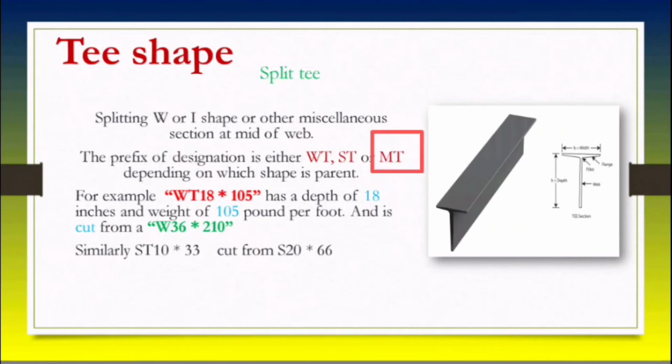M means miscellaneous and T means T shape, depending on which shape is the parent shape of structural steel.